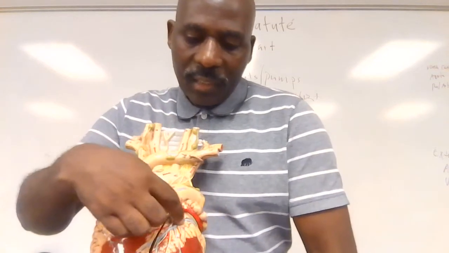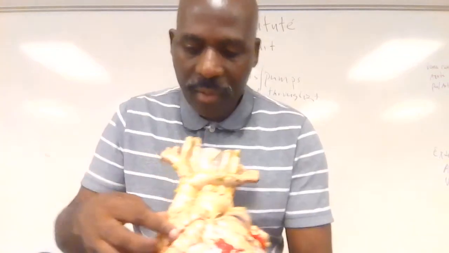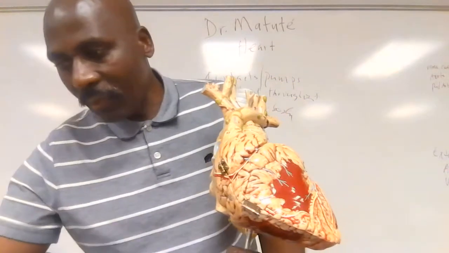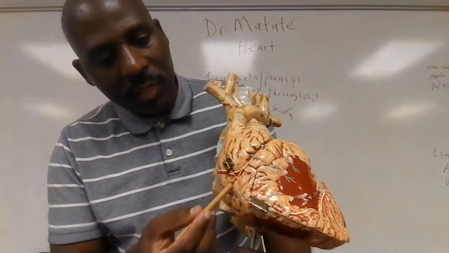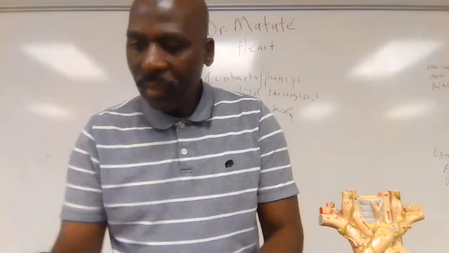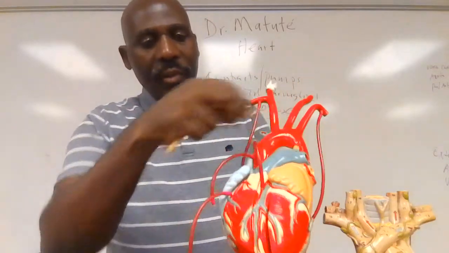Then over here, this is a cardiac vein, the bluish one. And then over here, the reddish one right here, this will be a coronary artery. If we use this other model over here, we're going to see the same thing. These are the great vessels right here.